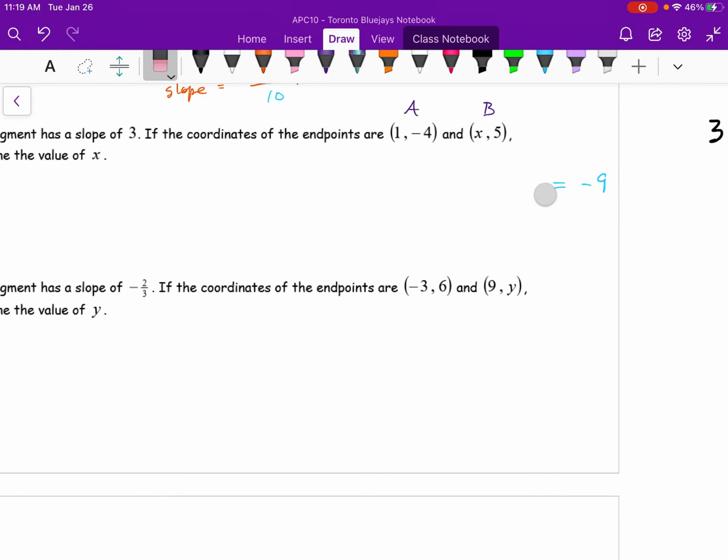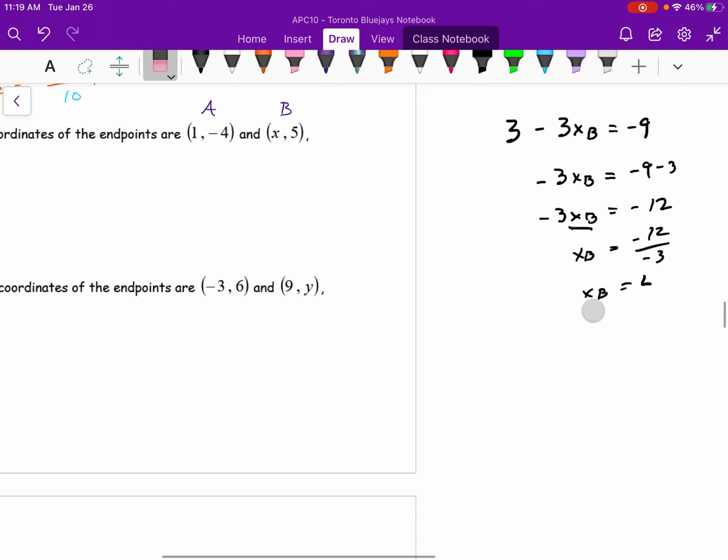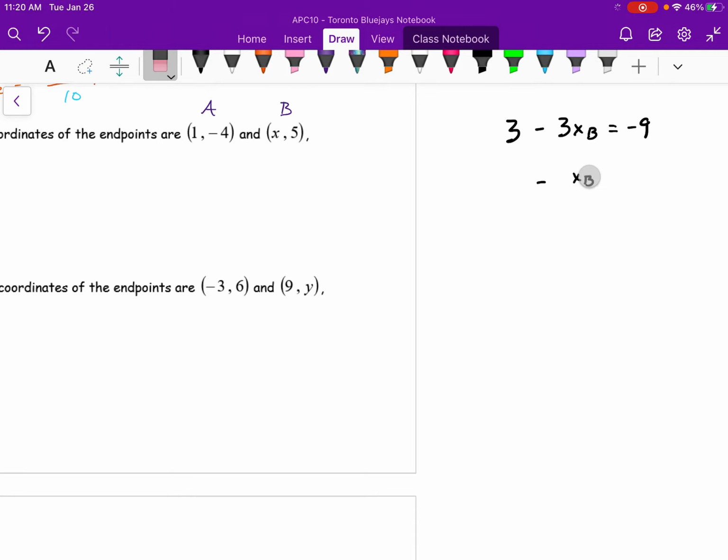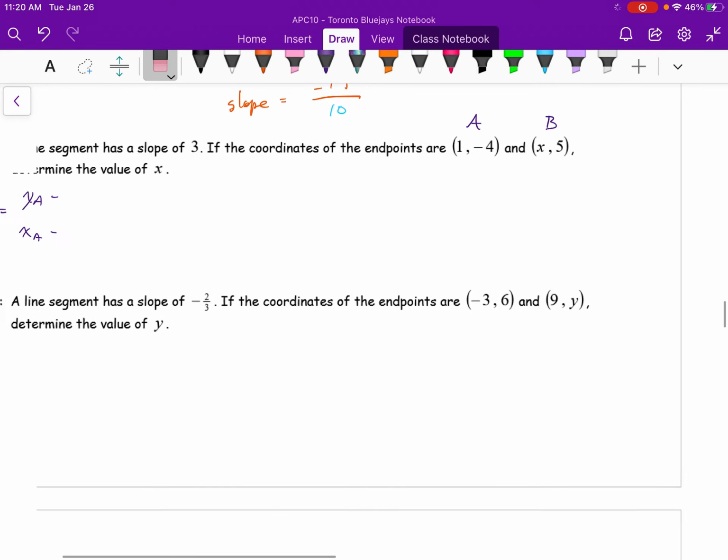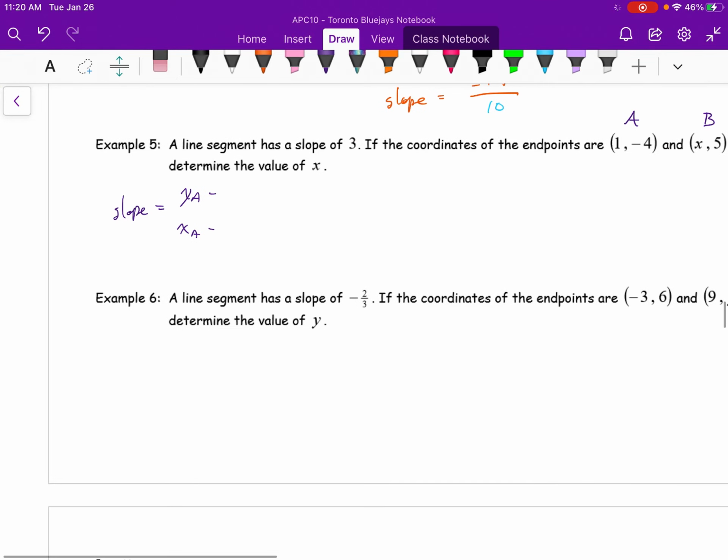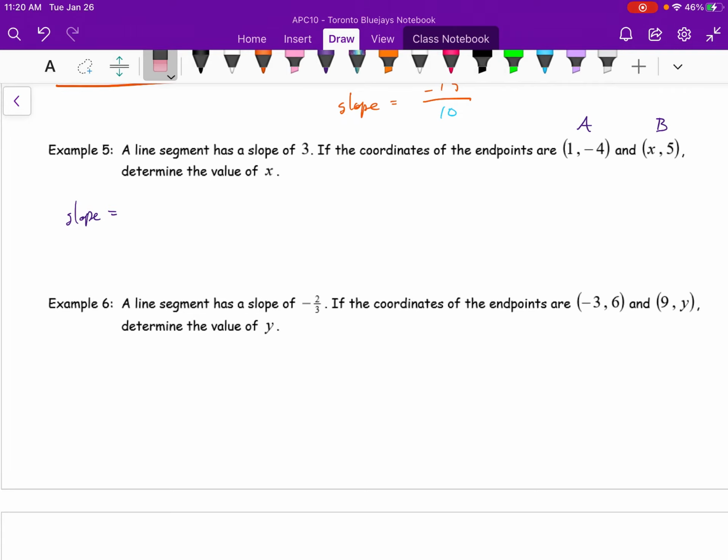And my math should simplify a lot more. So there's my slope, and by the way, I'm going to write this out. My slope was YA minus YB divided by XA minus XB.